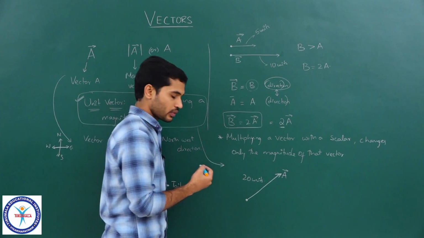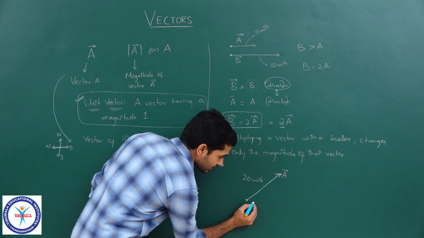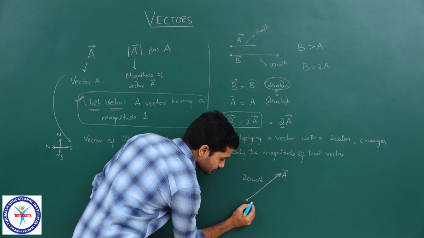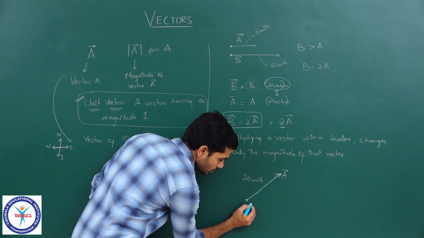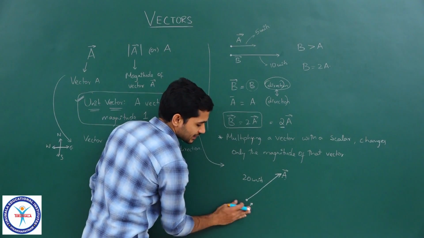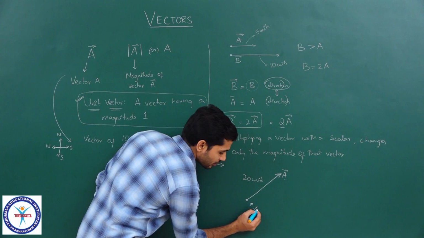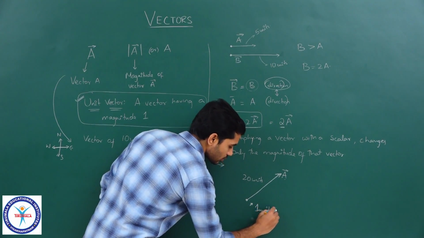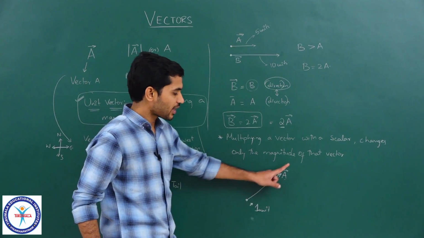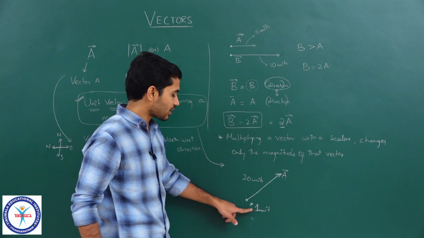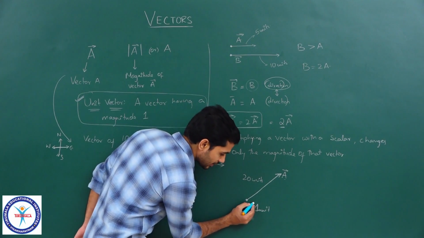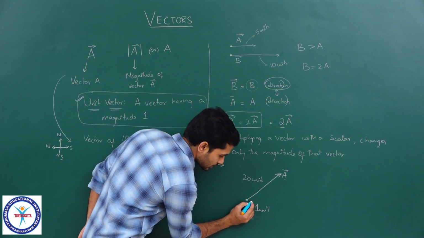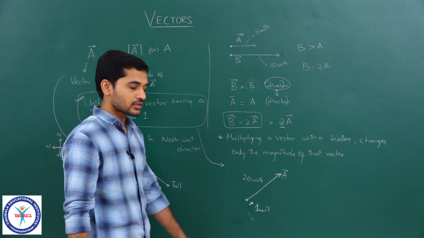So what I can do now is, I can understand this vector A bar as follows: let's define one vector here which is having a magnitude of 1 unit in the same direction, right? So a vector in the same direction as A bar, which is having a magnitude of, you can see the small arrow mark here, right? So small arrow mark. Let's say the magnitude of that is 1 unit.